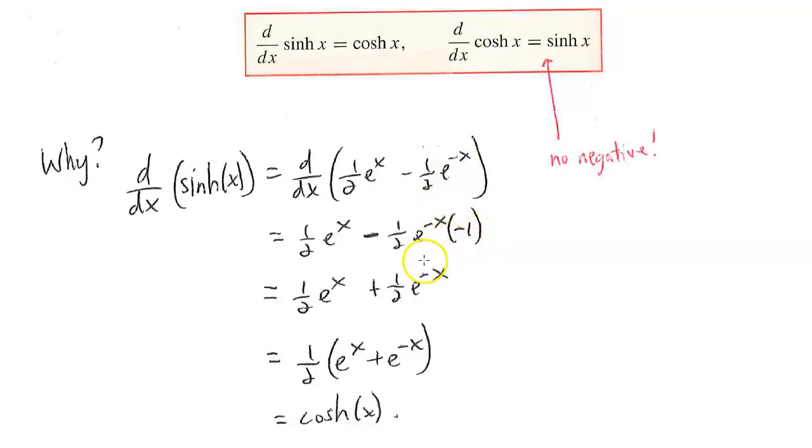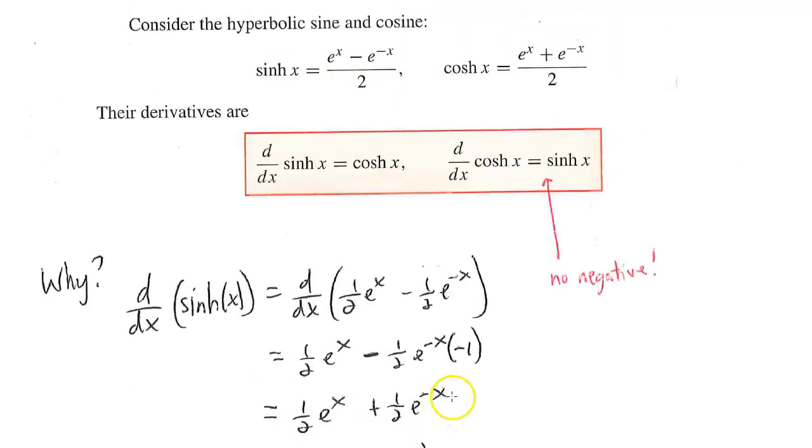But then notice this negative and this negative can combine to become a positive. Okay, and so what we have is 1/2 e to the x plus 1/2 e to the negative x, which is 1/2 times e to the x plus e to the negative x, which is really just cosh. Okay, the definition of cosh.